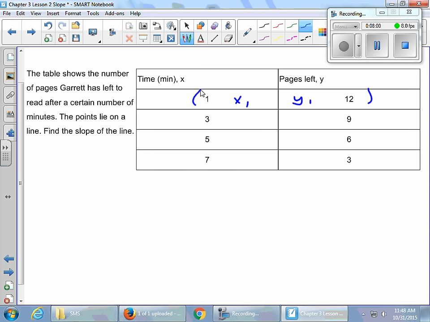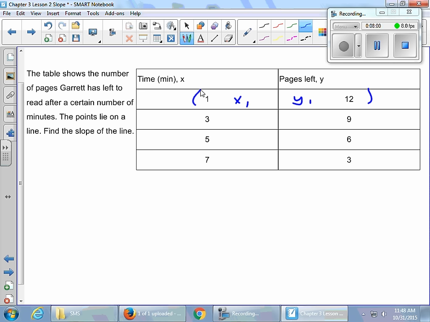Okay, now that we have our points labeled, let's get into our formula. We have slope equals rise over run, also equals y2 minus y1 over x2 minus x1. The more you write down the formula, the more you're going to remember it. It's just that easy. As we have everything labeled, let's plug into our formula.